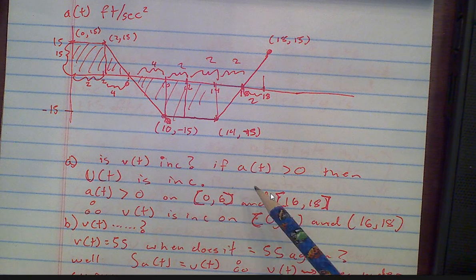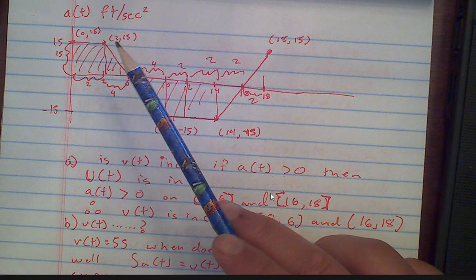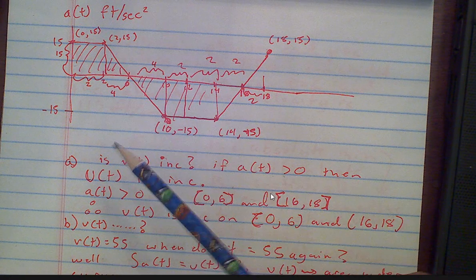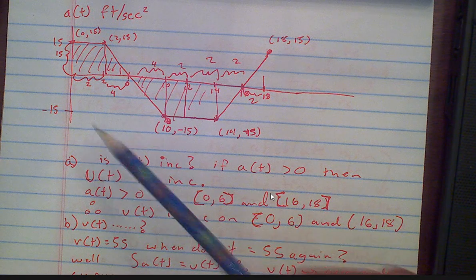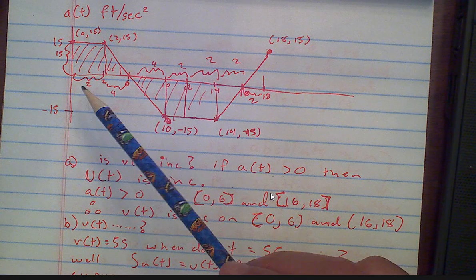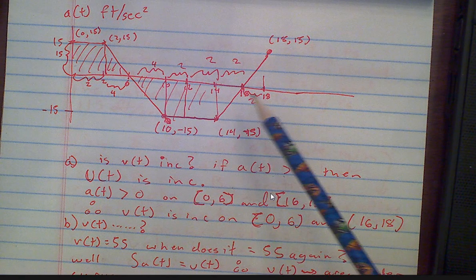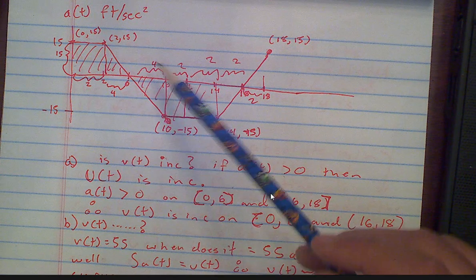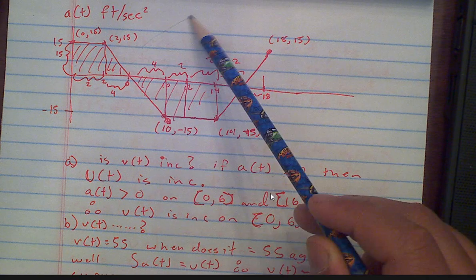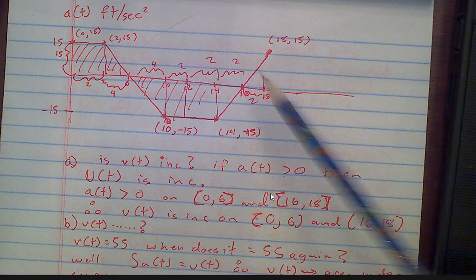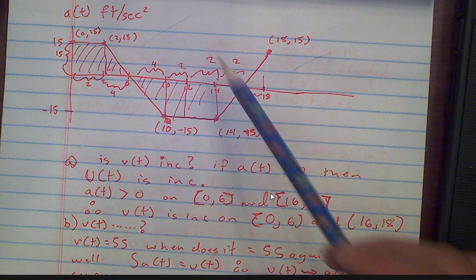So if the acceleration is positive, that means the velocity is sloping up. Here's where the acceleration is positive, which means here's where the velocity is sloping up. So the velocity is going to have some sort of increasing slope right there, and right there, and here it'll be decreasing.